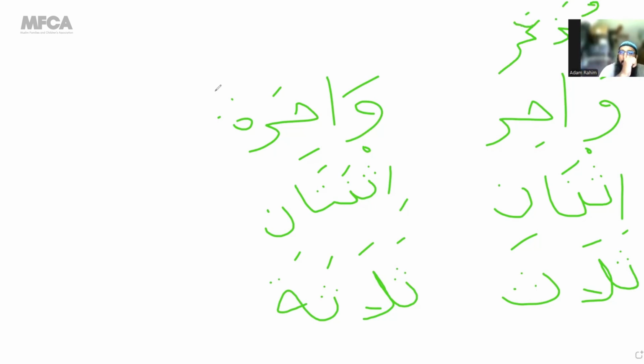So numbers also have مذكر and مؤنث, masculine and feminine. Okay? And that's why, if you take a look at the sentence that we wrote, we said جاء ثلاثة رجال.